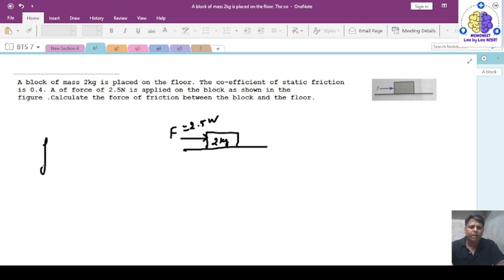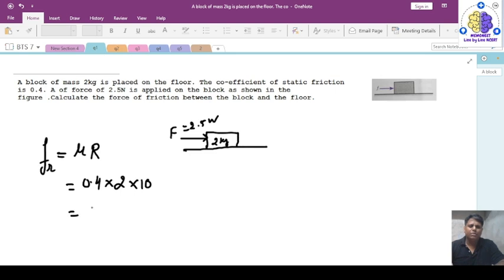So let's calculate the limiting frictional force. The limiting frictional force is equal to mu into R. So it will be equal to 0.4, and here the normal reaction force is nothing but equal to the weight of the body. So we'll write it as 2 into g. Let's take g as 9.8, or just for our calculation let's take it as 10 to make it easy.